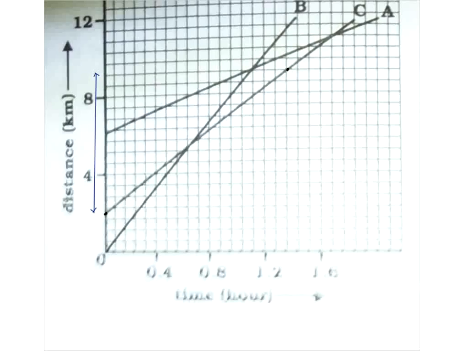Looking at the scale, what type of scaling is used? 7 boxes are equal to 12 minus 8, that is 4 kilometers. That's the scaling which is there in the y-axis, isn't it?